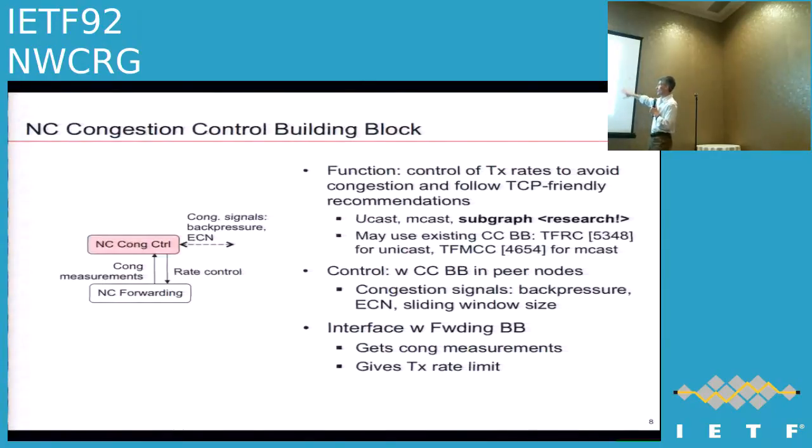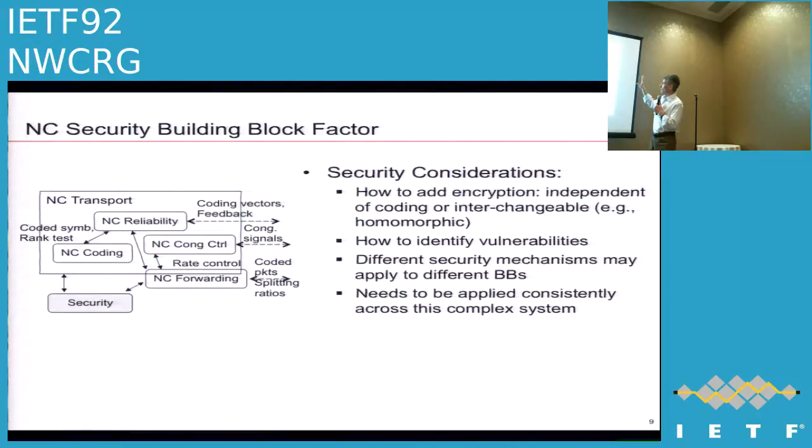Moving on to congestion control, this would be very much reusing stuff that was already researched and specified, such as unicast and multicast congestion control. There is one area where there is still research needed, in the general graph or subgraph case, directed graph.